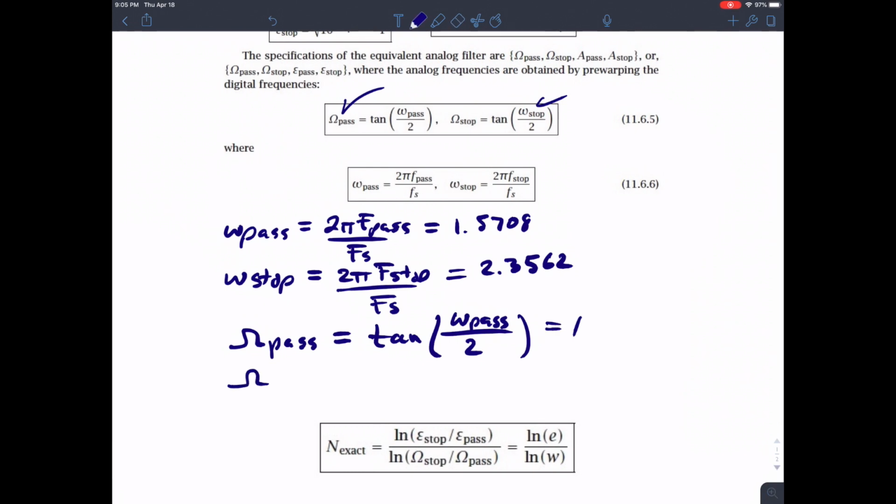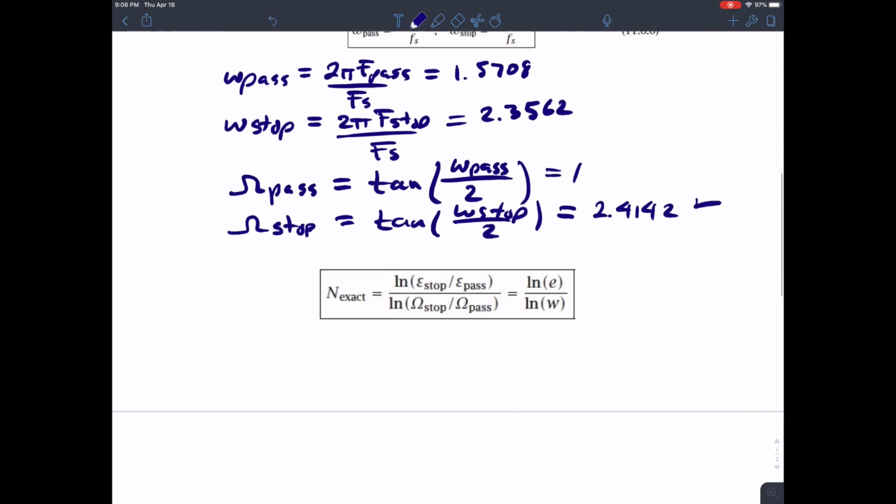Omega stop is calculated in a similar way, and I get capital omega stop to be 2.4142.